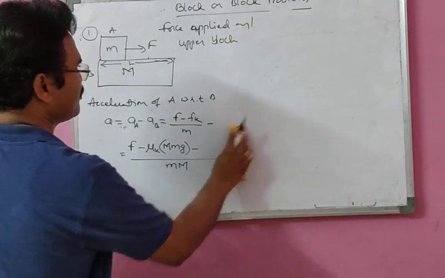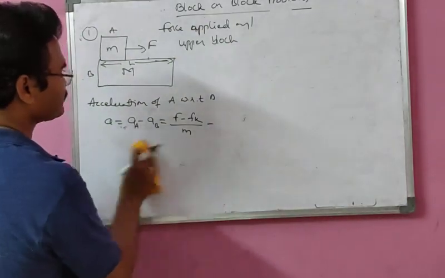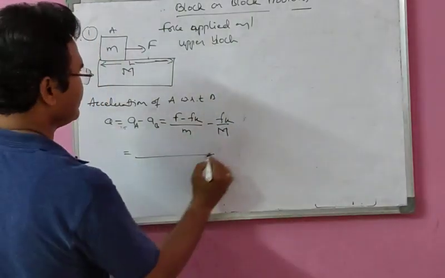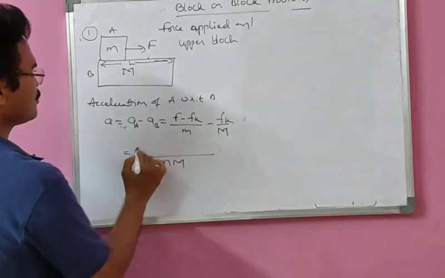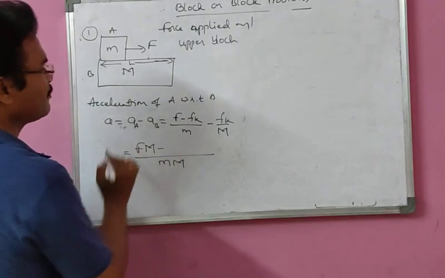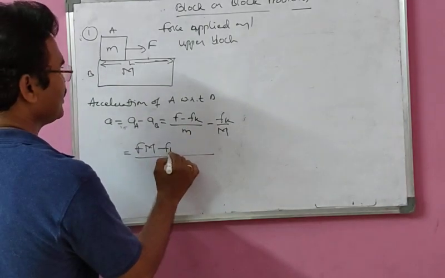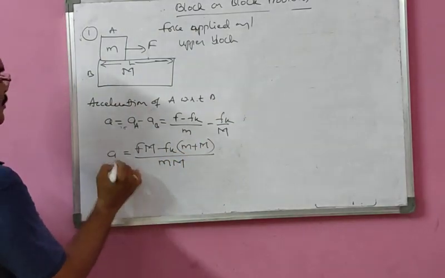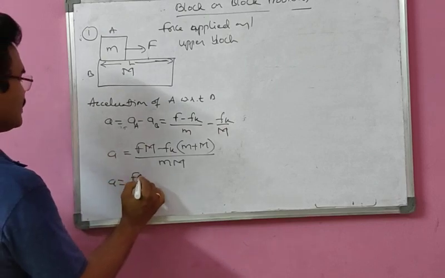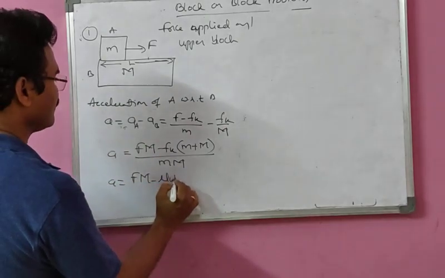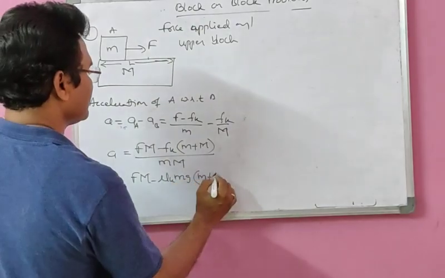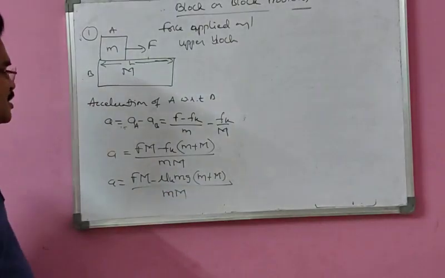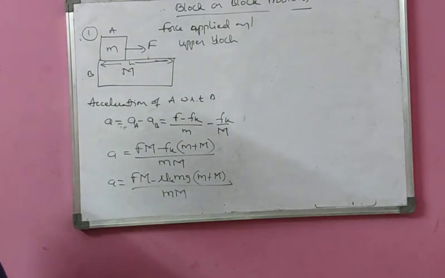Let us write the same so that you are not confused here: Fk by capital M, so that it is very easy to understand. So F by M, and here if you take F common, what are you going to get? M plus M, right? Then in place of Fk I am going to write mu k mg (M plus M) divided by M plus M. So this is the relative acceleration of A with respect to B.